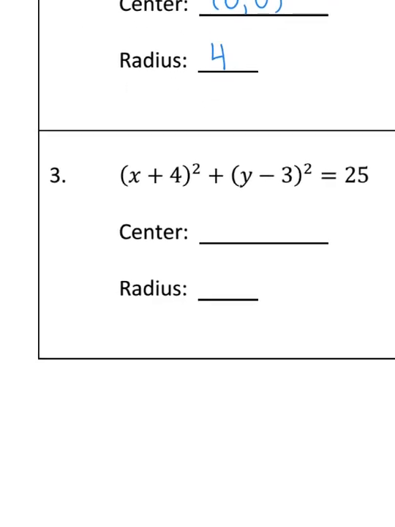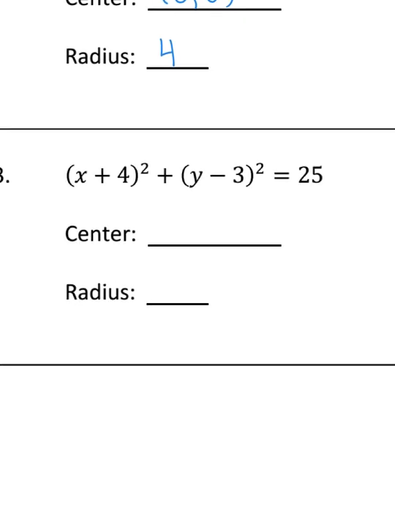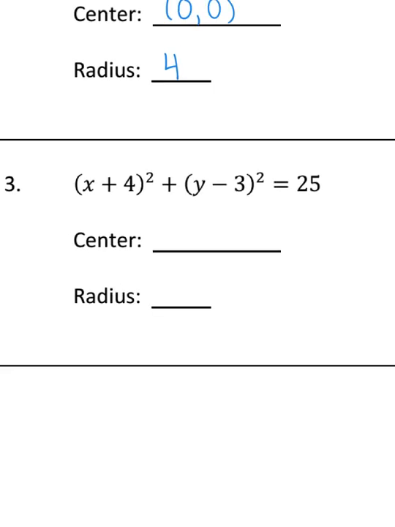The equation we're given here is (x plus 4) squared plus (y minus 3) squared equals 25. This time, finding the center isn't so easy as just putting the origin. Now, remember, this is going to be (x minus h) squared, and this is going to be (y minus k) squared, but our center is going to be at the coordinate (h, k).